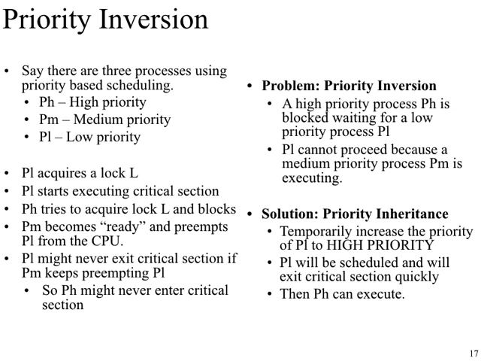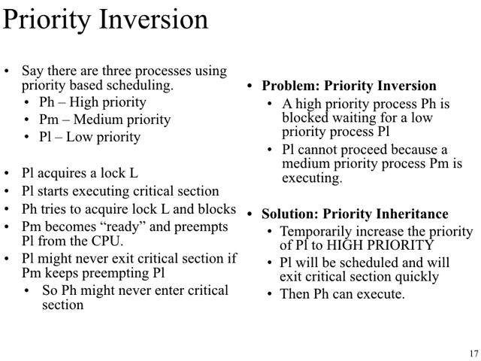So let's say you have three processes: PH, a high priority process, PM, a medium priority process, and PL, a low priority process. To illustrate priority inversion, let's say that PL and PH need access to a common shared resource, which means that to access it, they must acquire a lock L. PL acquires the lock L first, and starts executing in the critical section.